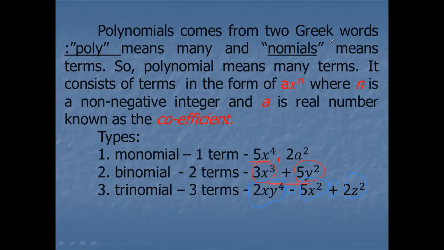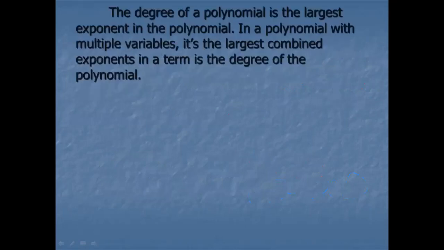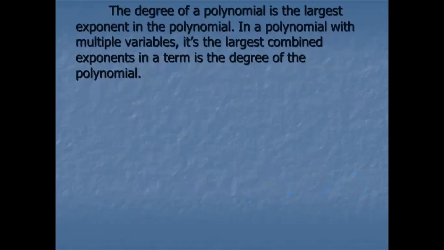Going next, we will talk about degree. So what is a degree? Poon, you read what is a degree. The degree of a polynomial is the largest exponent in the polynomial.